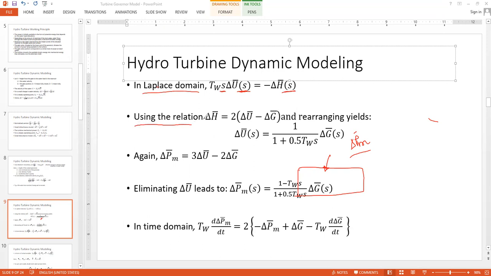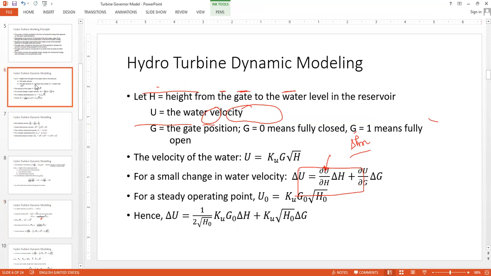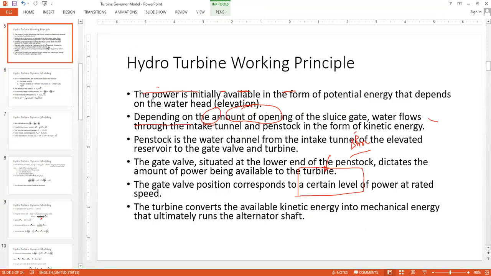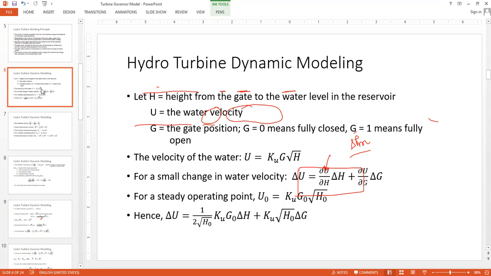Now we already have a relation between del h, del u and del g. Which relation are we talking about? If you go back, you see we have the normalized relation.